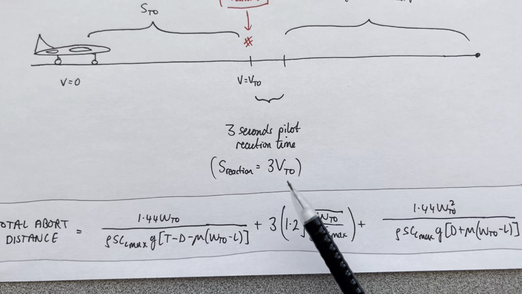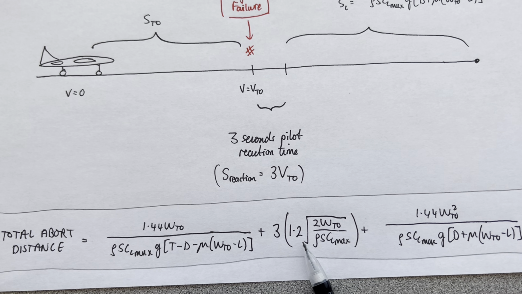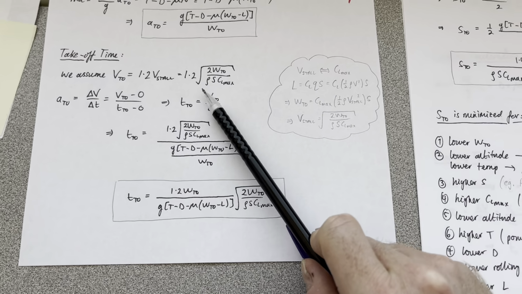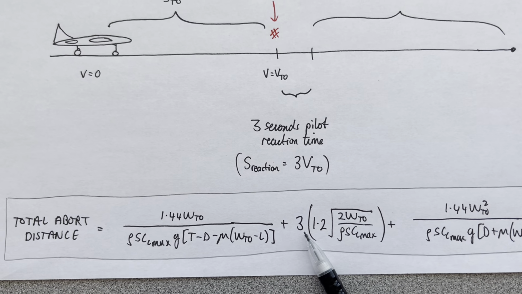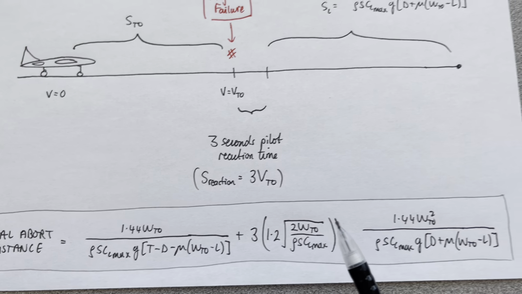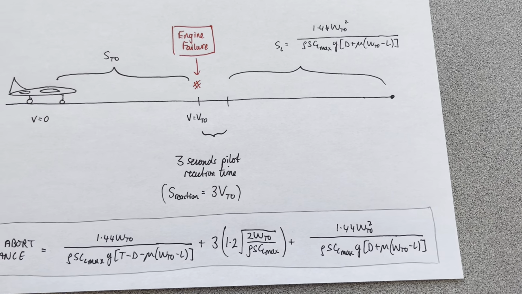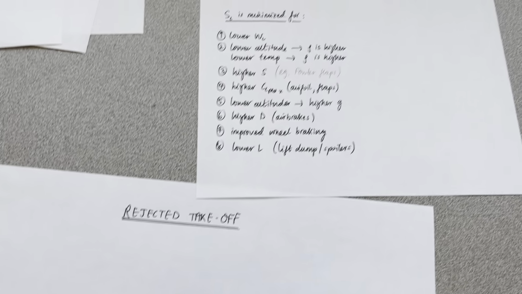Then here is our 3 times the takeoff speed. So that came from, again, the first video where we assumed this. So that's that piece, 3 seconds multiplied by that. And then the last piece is our modified landing distance equation, which is just a modified version.